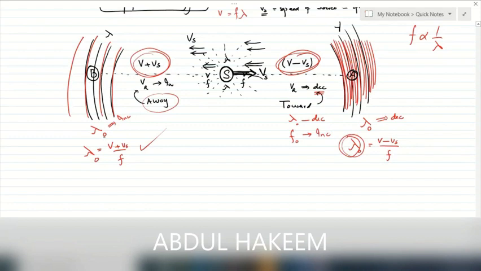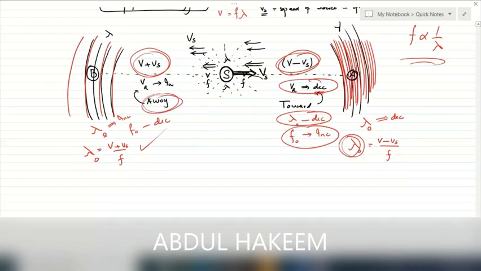And when lambda naught increases, the observed frequency will decrease. When the source is moving towards the observer, speed decreases, wavelength decreases, but the frequency increases because frequency is inversely proportional to lambda. When the source moves away from the observer, resultant speed increases, wavelength increases, but the frequency decreases.